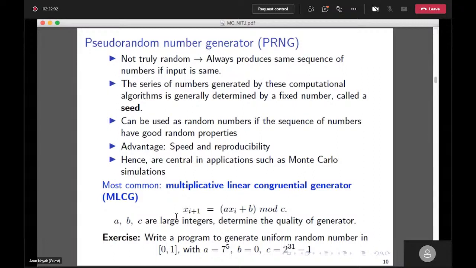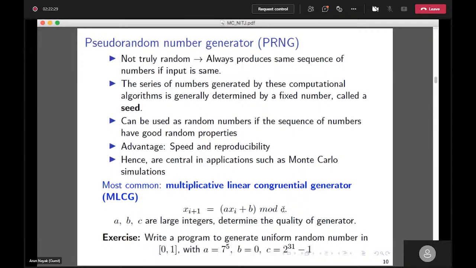If they are random, then you will see they are uniformly distributed within your area. So you can do this exercise with this algorithm. This has some sequential behavior, but the sequence is very large if you take a large number for c.